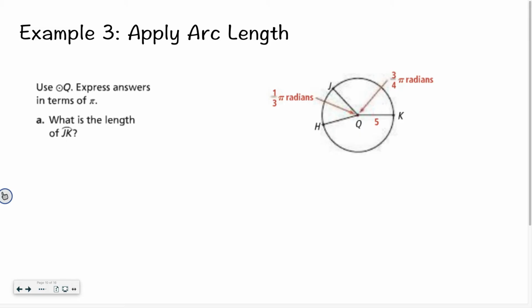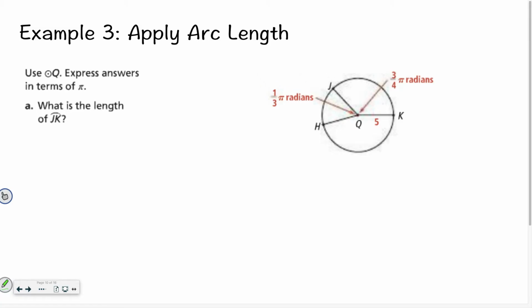So we are using Circle Q, and we are expressing answers in terms of pi. When I say express answers in terms of pi, that's another way of saying I want the exact answer. I don't want you multiplying by pi and giving me a decimal. Okay, so what is the length of JK? So I start over here at J, I move to K, and I know I'm not going the other way because that would have to be JHK.